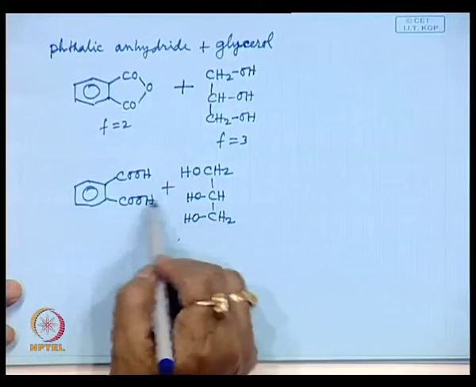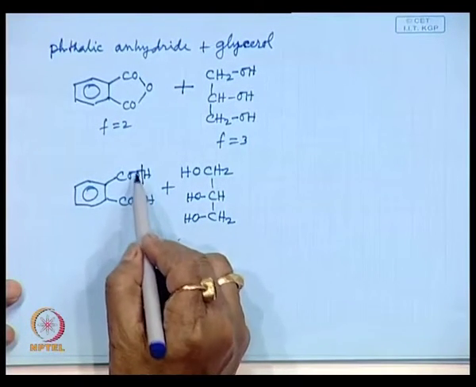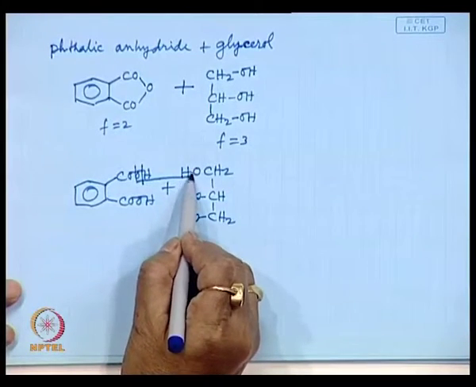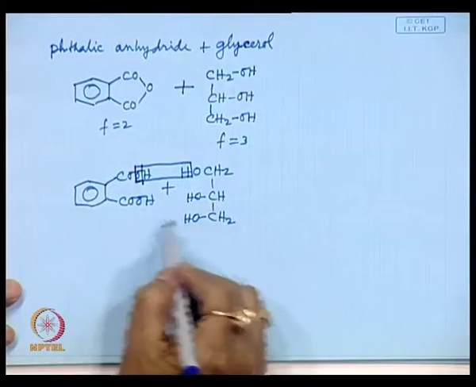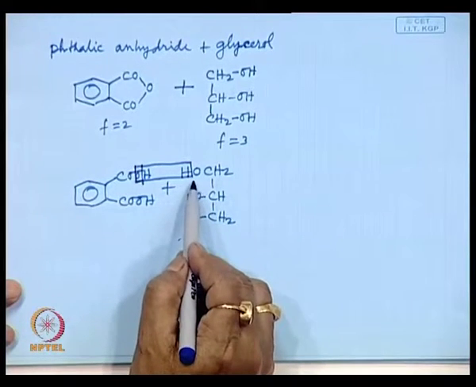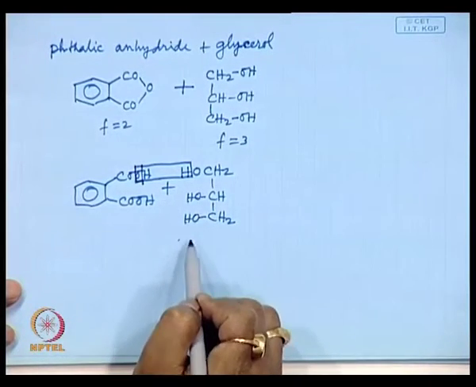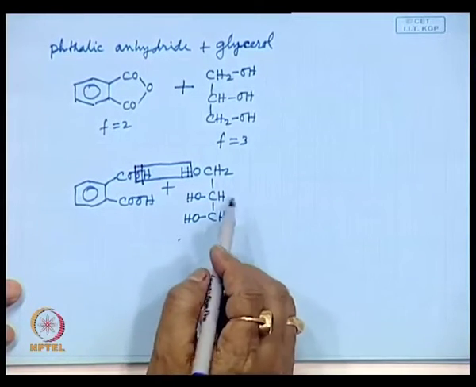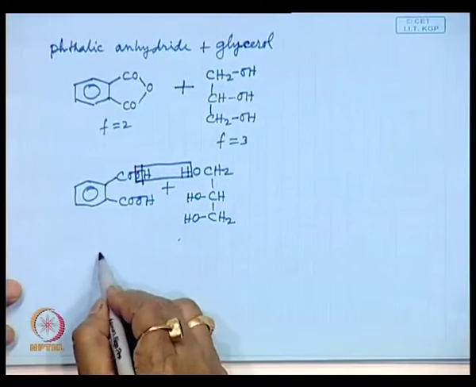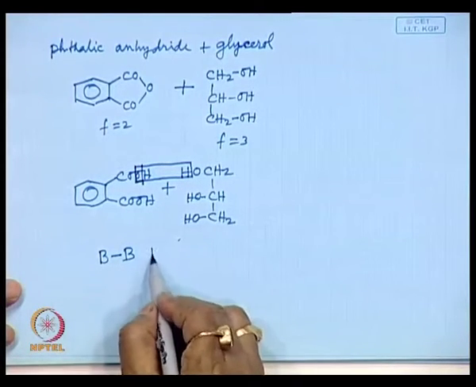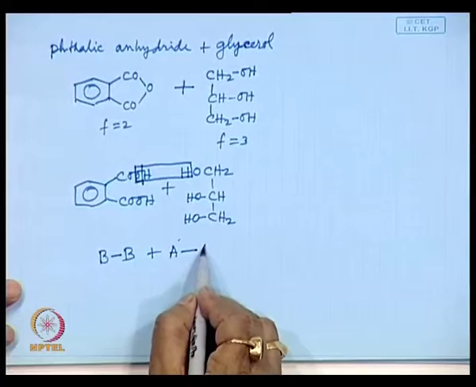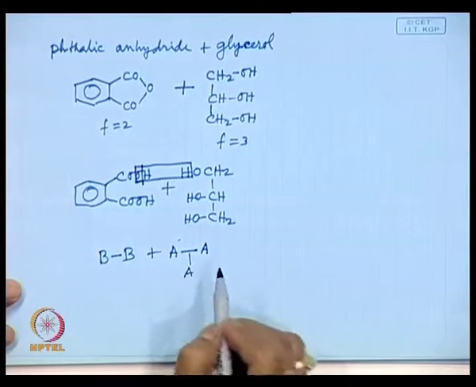So, this will condense, this will also condense; this is a primary hydroxyl group, this is a secondary hydroxyl group. So, what will happen? As I showed, consider this as a BB having two B functional groups, with A functional groups, trifunctionality like this.